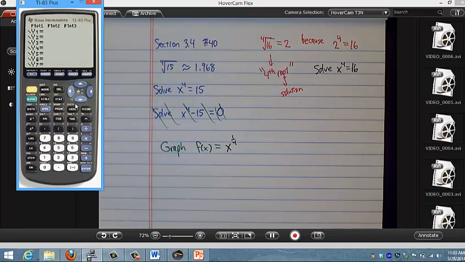Let's type in x caret, how about I put 0.25 for 1/4. You could type 1/4, but you have to have it in parentheses. Okay. And for my window, I just need to pick some good x values that are going to be near things like 15, right? So why don't I go from 10 to 20?